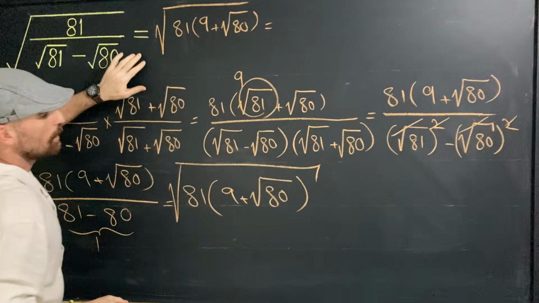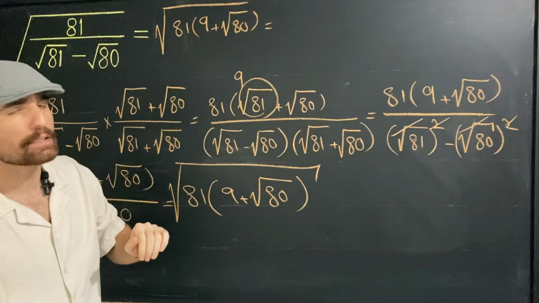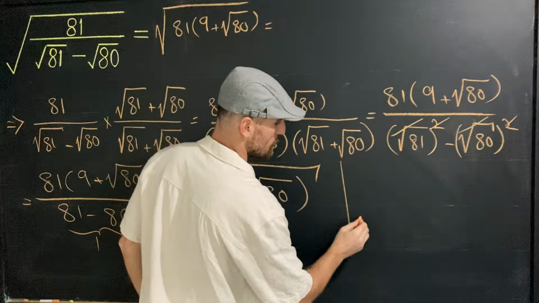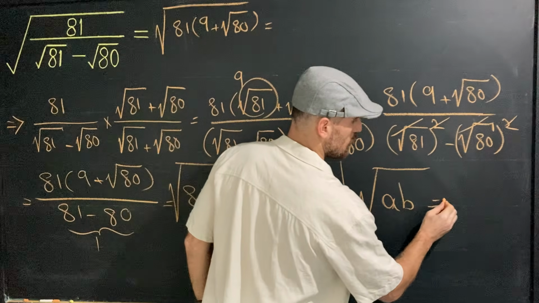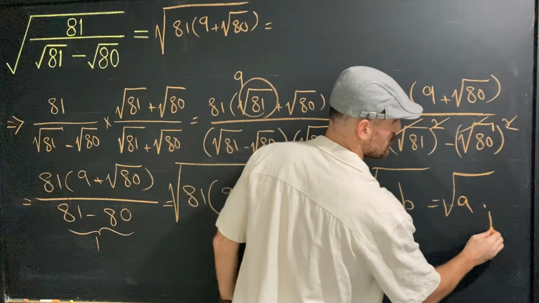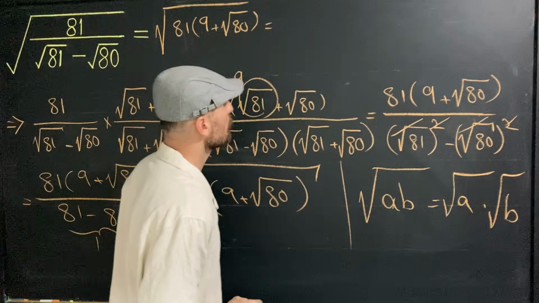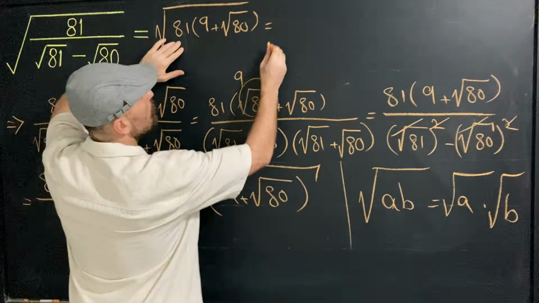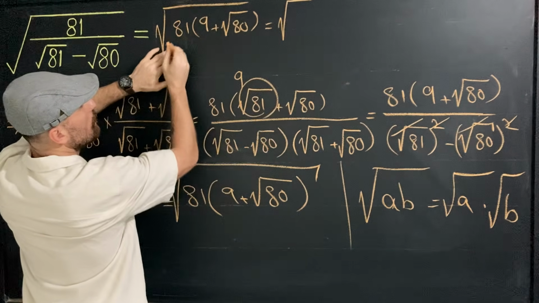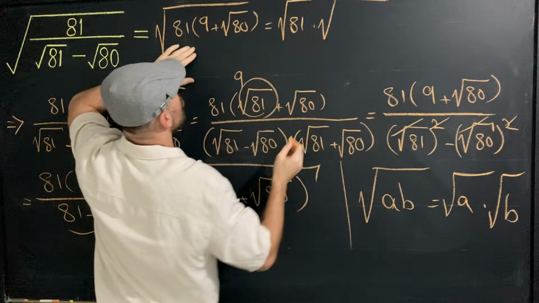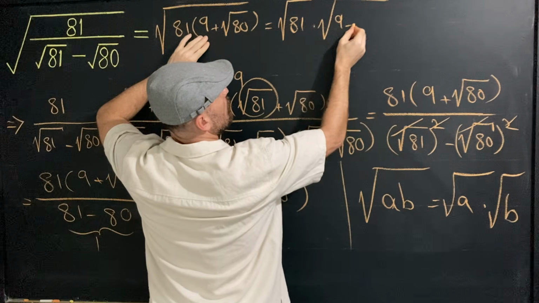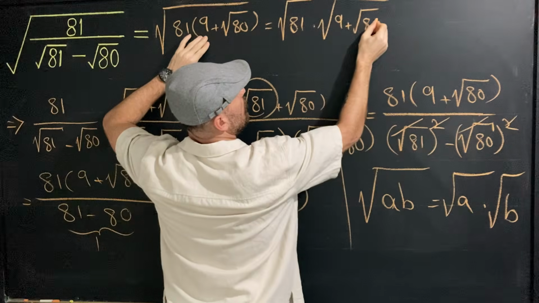But what is this? Now I'm going to follow a very simple exponential rule that says second root of a times b is second root of a times second root of b, right? So this one is going to be second root of this 81 times second root of 9 plus second root of 80.